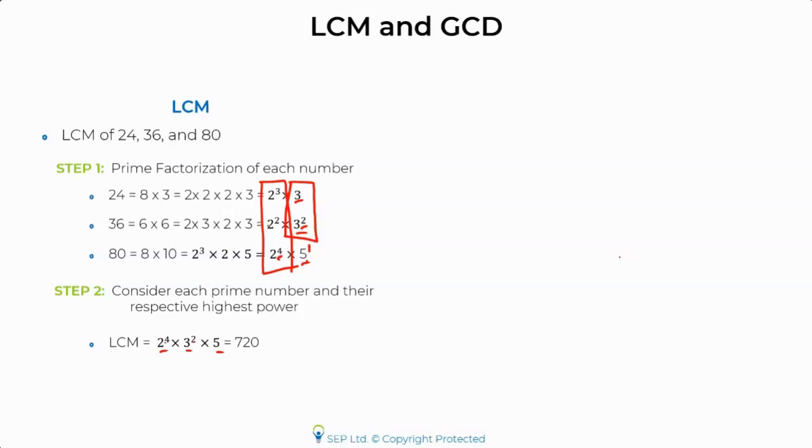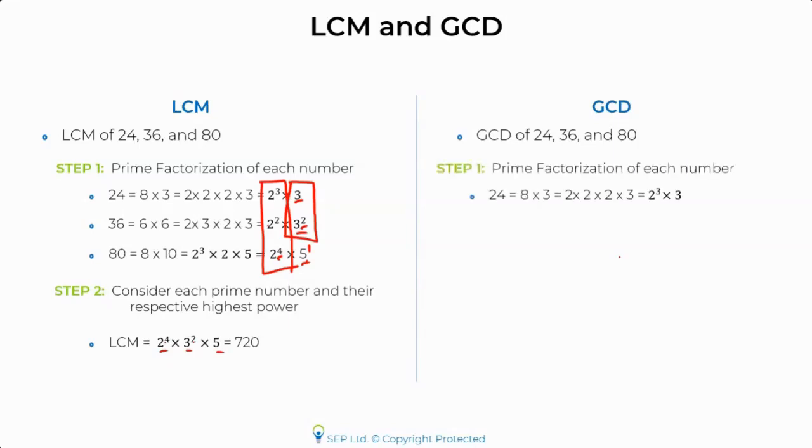The only difference between LCM and GCD is that in GCD you also prime factorize, and nothing is different there. The first step remains the same. But in step 2, you take only those prime factors which are present in all three numbers.